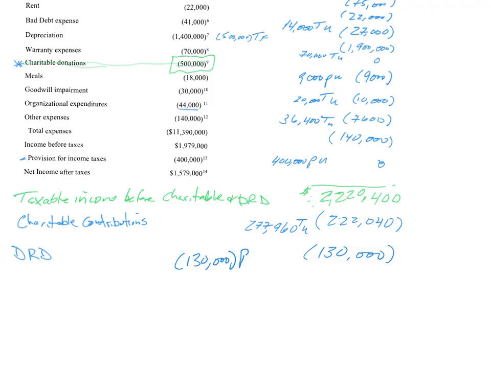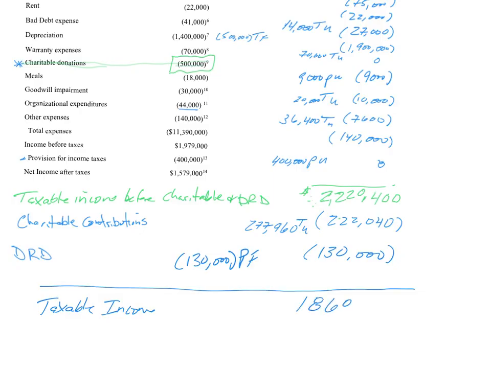So this would be a permanent difference, and it'd be favorable because it's an added deduction, okay? And so that is going to give us our taxable income. All right. So that is the end of part A.